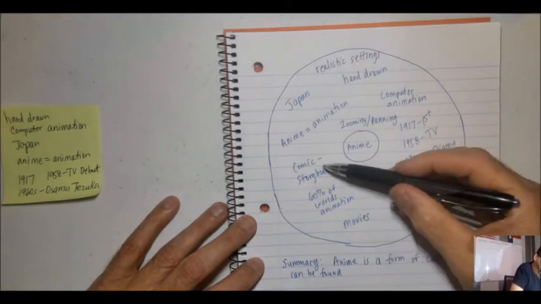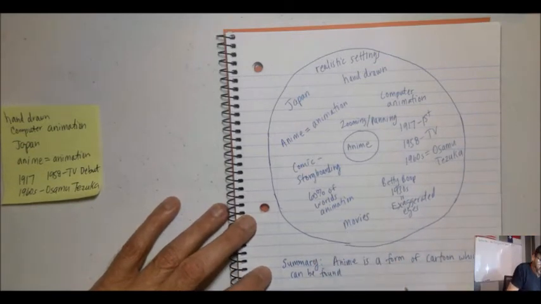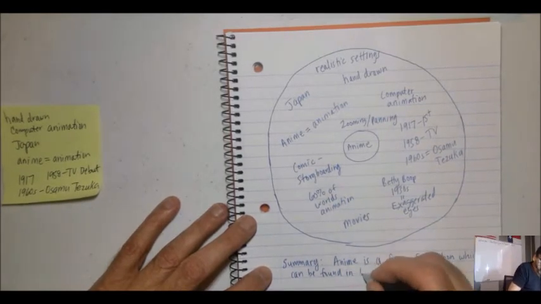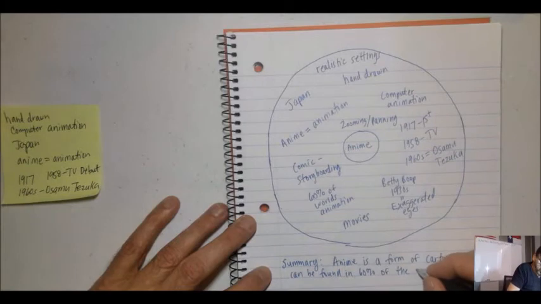You can find it in comics, you can find it in movies, and it's 60% of the world's animation. So we could throw that in there. So animation is a form of cartoon which can be found in 60% of the world's animation.